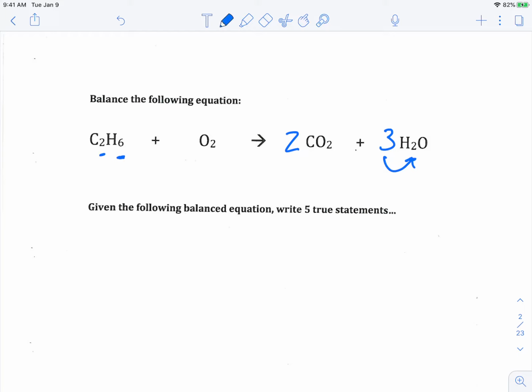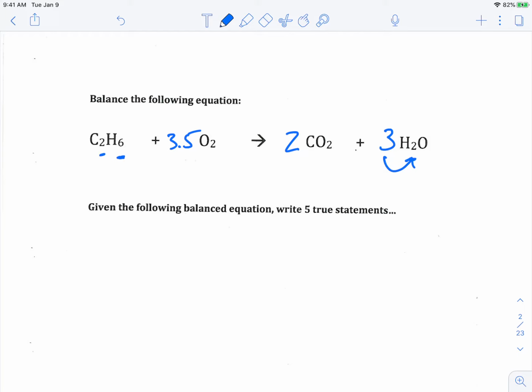On the reactant side, I still have 2. On the product side, I have 2 times 2, which is 4, plus 3, which is 7. To balance that out, we can temporarily put a decimal or a fraction here and put 3.5.